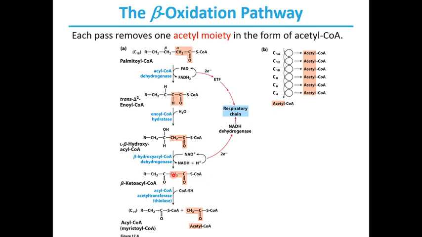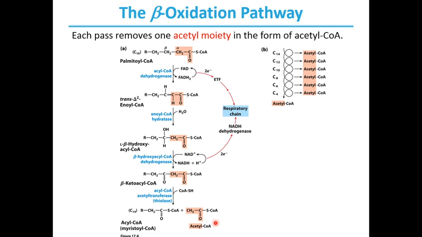Now, it doesn't end here at beta ketoacyl-CoA. Once this molecule is formed, it is acted upon by acyl-CoA acetyltransferase or thiolase, an enzyme that uses coenzyme A as a cofactor and splits beta ketoacyl-CoA into 2 molecules. One is myristoyl-CoA and the next is acetyl-CoA.